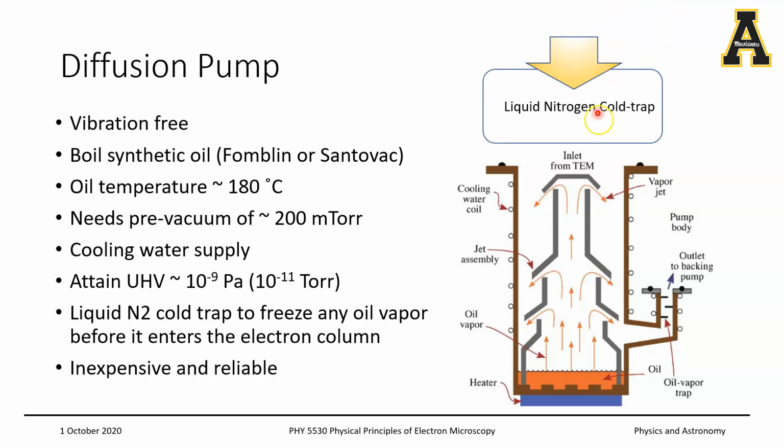Now, sometimes it's possible that you have these gas molecules, the oil molecules, that can drift their way up into the electron column. So this is a fail-safe mechanism where you have a liquid nitrogen trap. So it will immediately condense any oil molecule that may have moved in an upward direction. So that is important to make sure that you don't contaminate your electron column with the oil molecules altogether. Okay.